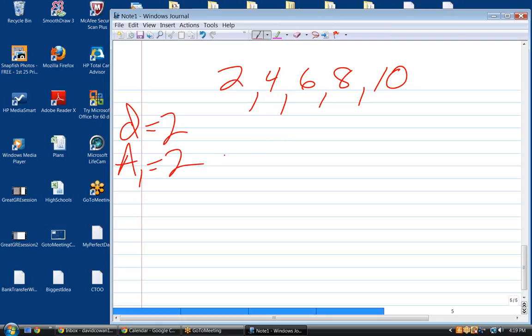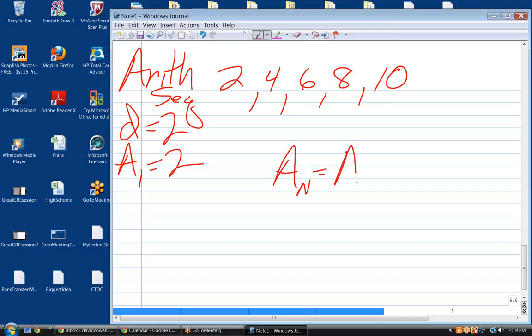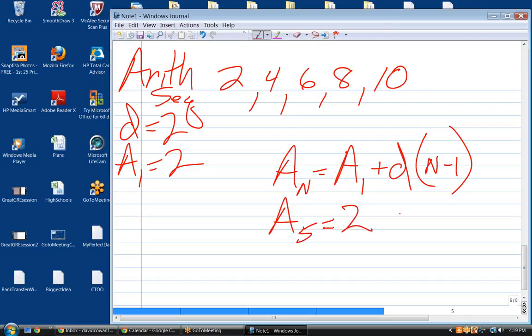The general explicit nth term formula for arithmetic sequences is the first term plus the common difference times n minus 1. So the fifth term, a sub 5: the first term is 2, the common difference is 2, n is 5, so I multiply that by 4, and I get 10 as the fifth term.